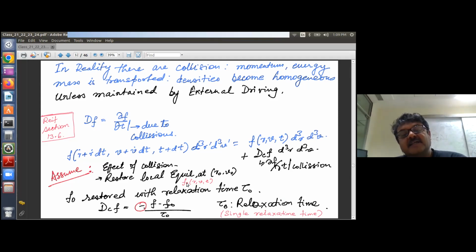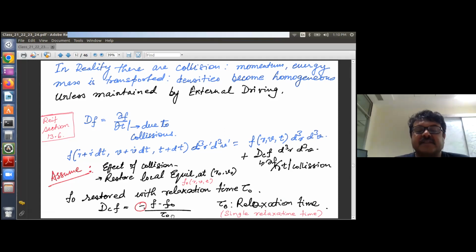Then the simplest assumption is that there is a single relaxation time for the gas molecules to reach equilibrium, and the effect of collisions is to take the distribution f back to f0 in a single relaxation time tau 0.